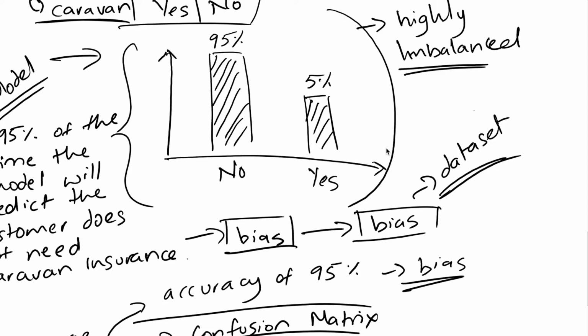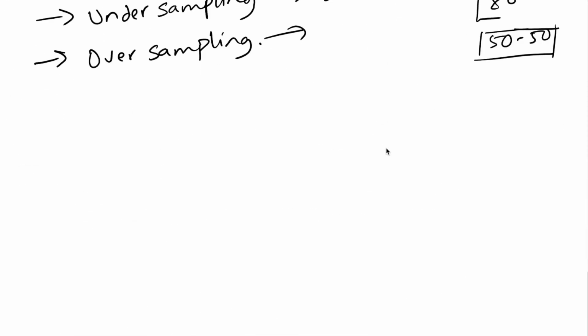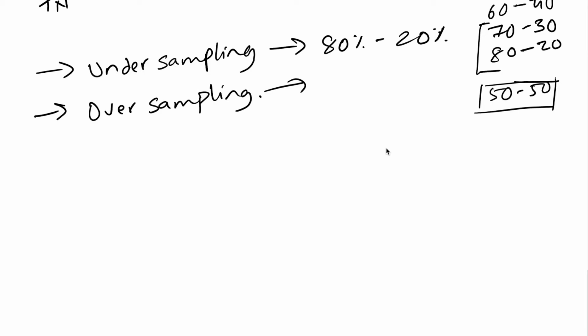So what you're doing is technically filling random values to increase 5% to 20%, and you're populating the data, but at the same time you're reducing your noise as well. So with oversampling, you are increasing your yes to 20%, and at the same time decreasing your no's.